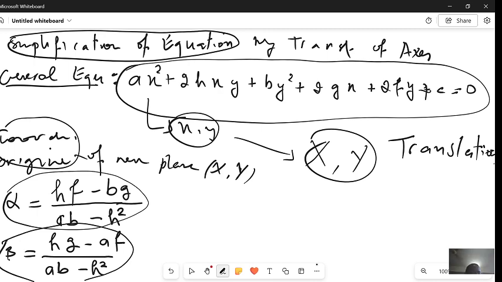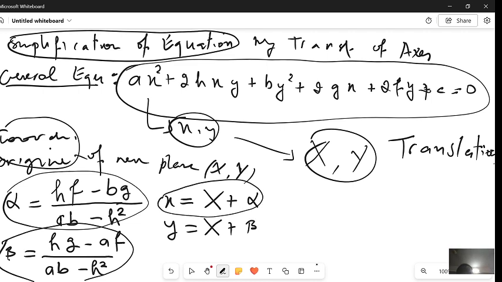Now if I determine the value of alpha and beta, I can directly know that by translation small x equals capital X plus alpha and small y equals capital Y plus beta. Now I'm going to replace the value of x and y in the equation. So I will have a multiplied by x, but x equals what?